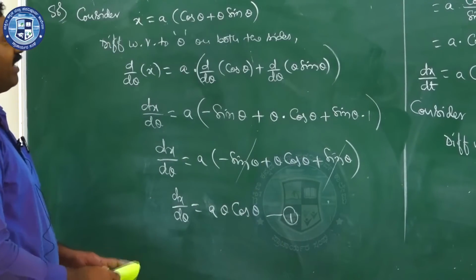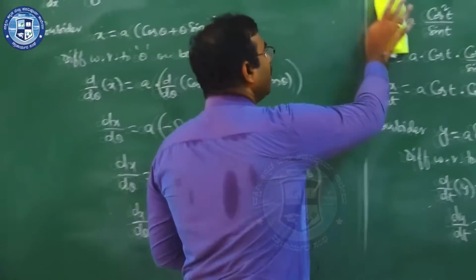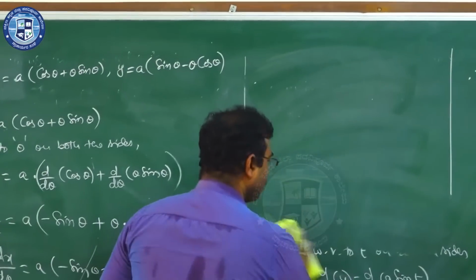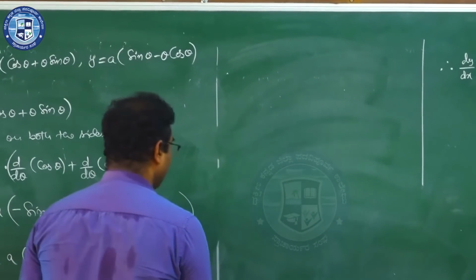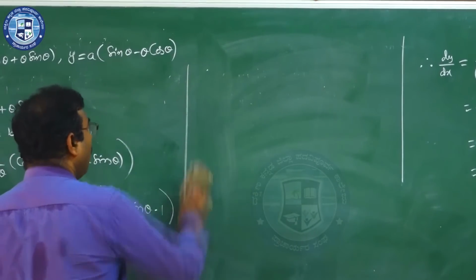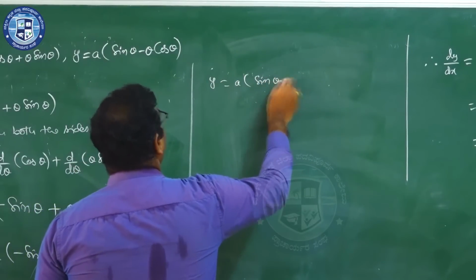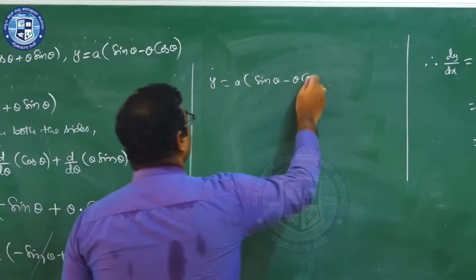Similarly, we take y and we differentiate with respect to theta now. Okay. So y is equal to a into sin theta minus theta cos theta.